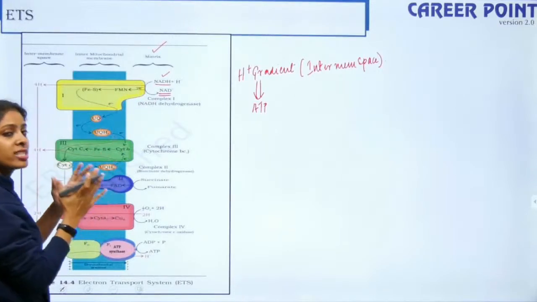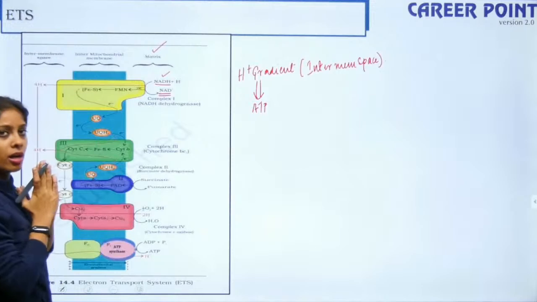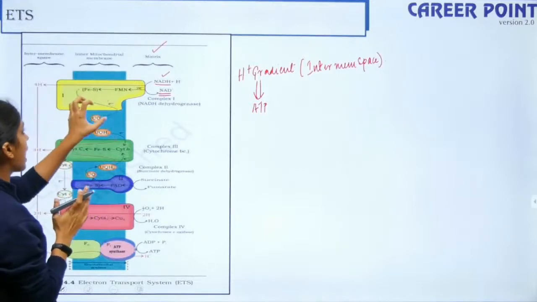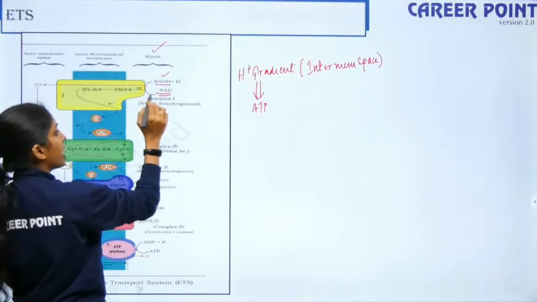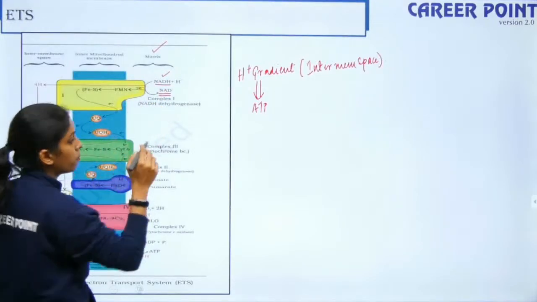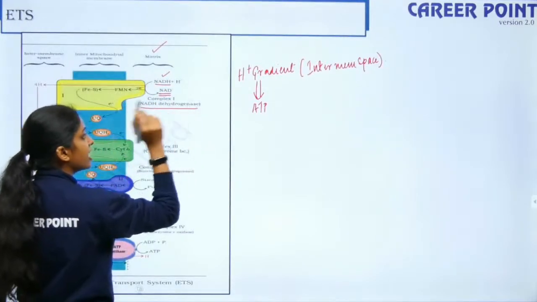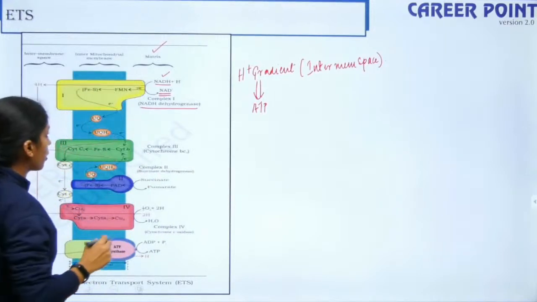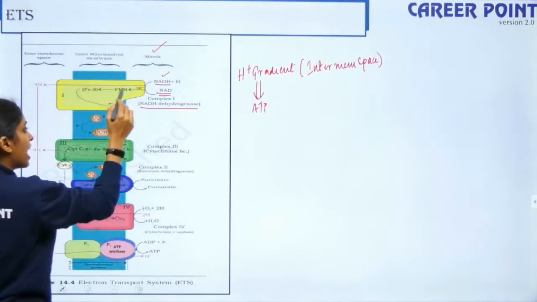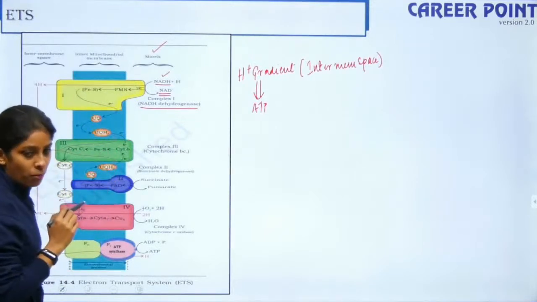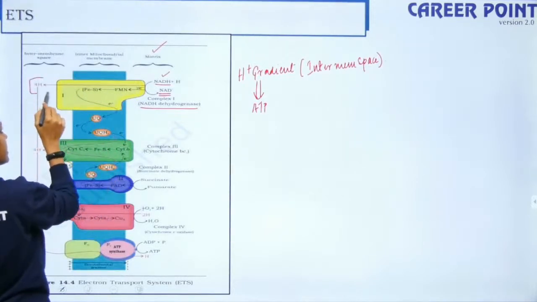So these electrons and H plus are being captured in the inner mitochondrial membrane. But this breakdown is done by a first complex that is known as NADH dehydrogenase. Okay, so now your electrons and your H plus are released. Your electrons move into the second complex, but H plus lands here.